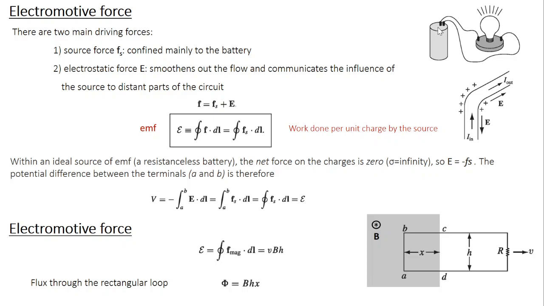So close to the battery, the force is high, and as you move away from the battery, the force decreases. So naturally you expect a higher current close to the battery, and as you move away from the battery, the current decreases. But if you take a multimeter and measure the current at any point in the circuit, you will find that the current is the same. So how does this happen?